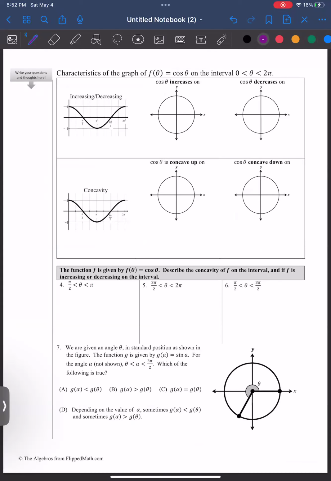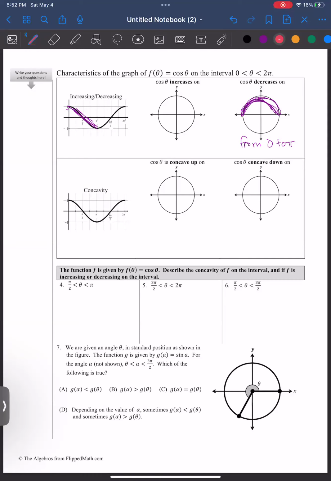My function is decreasing from 0 to pi. Oh, I'm supposed to do increasing first, but that's okay. From 0 to pi, I am decreasing.